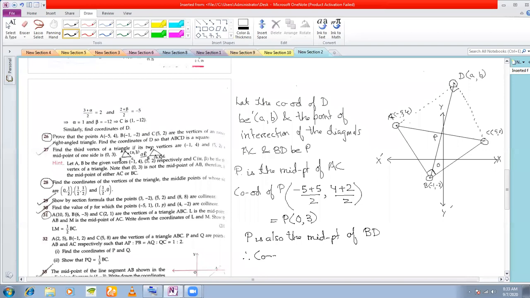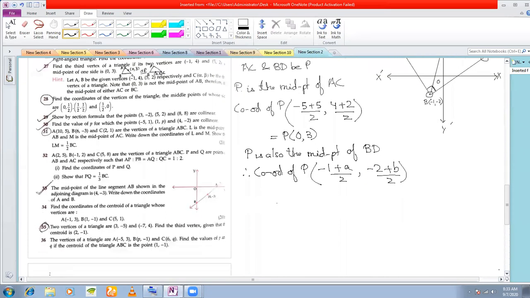Therefore, coordinates of P are minus 1 plus A divided by 2, considering B as your x1, y1 and D as your x2, y2, and minus 2 plus B divided by 2.